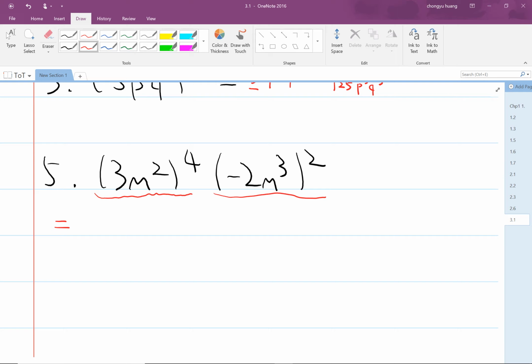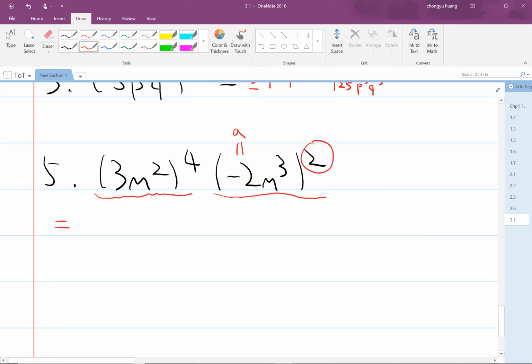Don't get confused over here, because negative 2 is actually a, and the requirement for a is any real number, as the condition we said before. Negative 2 is a real number, and then we have a 2 over here, which is a positive integer. So the condition has been met.